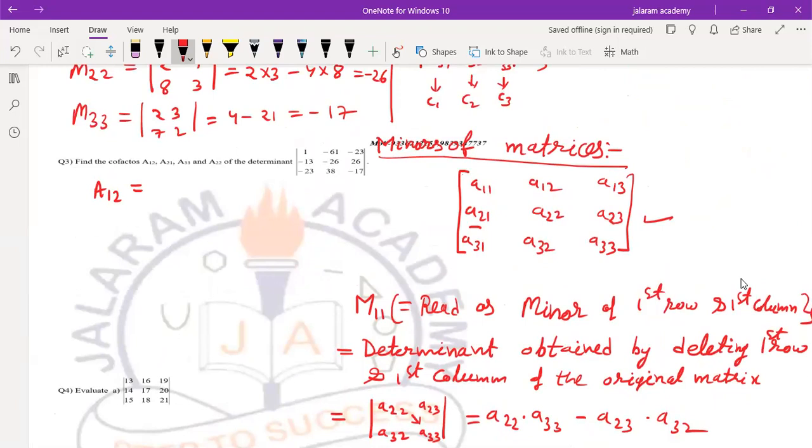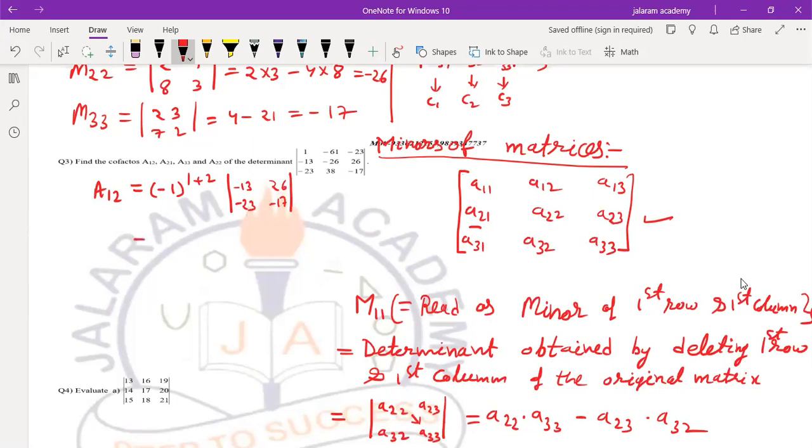By deleting first row, second column, minor is taken, and minus 1 to the power 1 plus 2. Clearly it will have the odd power on minus 1, so it will be negative only, into the determinant obtained by deleting first row, second column. Minus 13, minus 23, first row, second column. 26, minus 17.